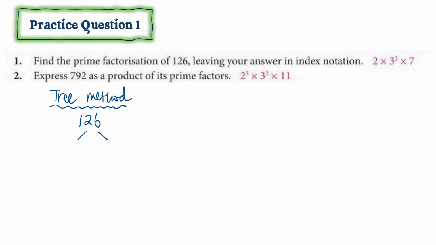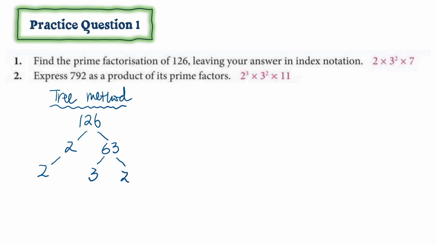One of them is the factor 2, and the other one is 63. And because 2 is already a prime factor, we will just carry that same number down throughout. However, 63 we can further divide into 3 times 21. So what this method is all about is to break down the number into prime factors.